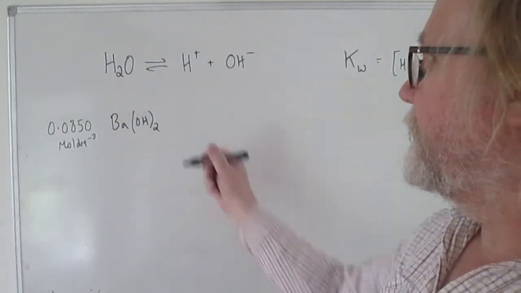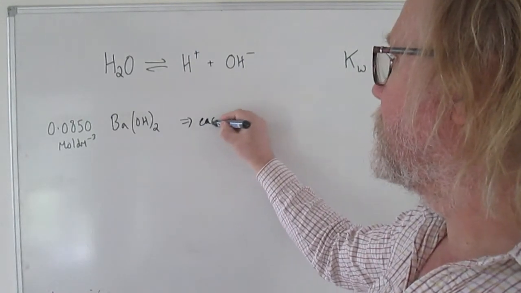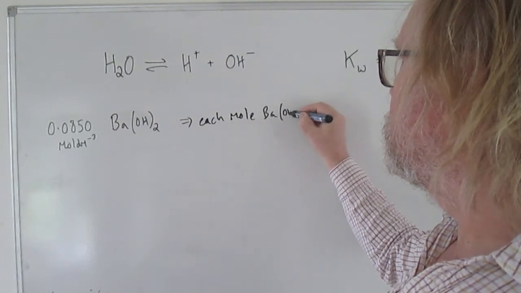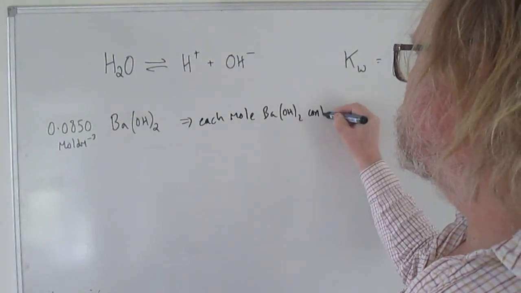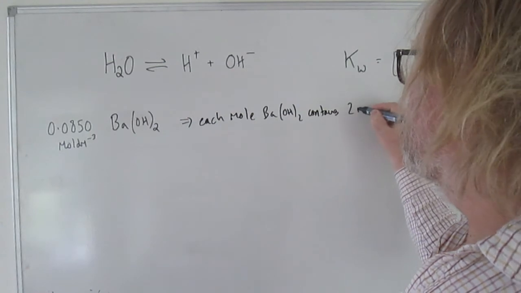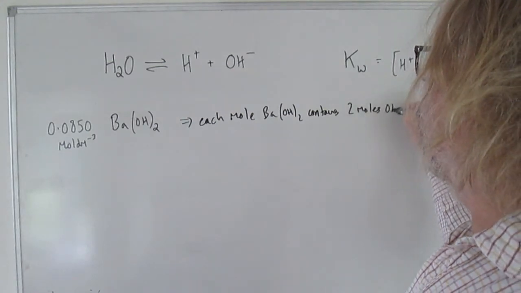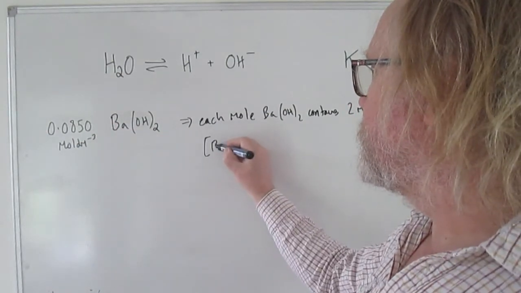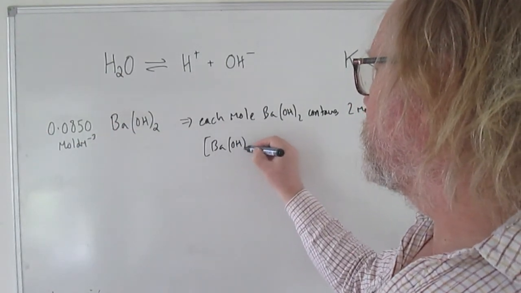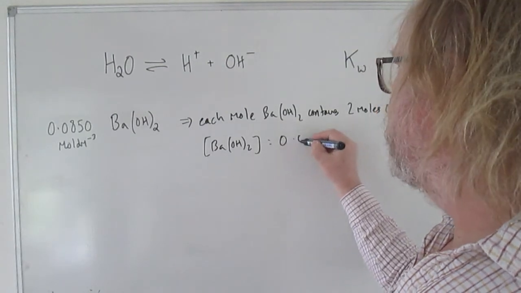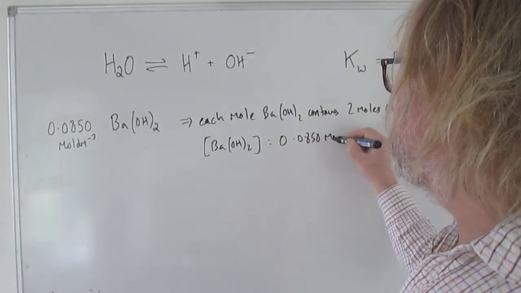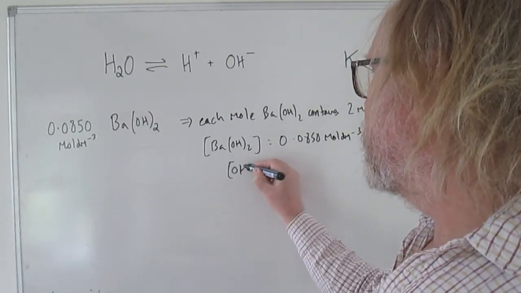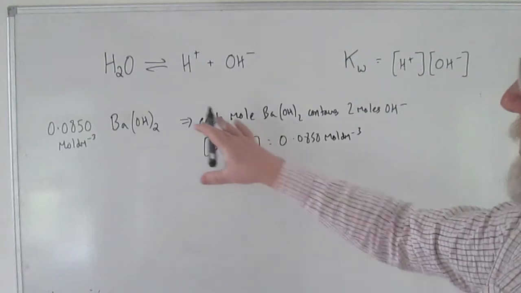So the formula implies each mole of Ba(OH)2 contains 2 moles of OH-. So if the concentration of Ba(OH)2 is 0.085 moles per dm cubed, then the concentration of OH-, again like sodium hydroxide, is going to be completely ionized.